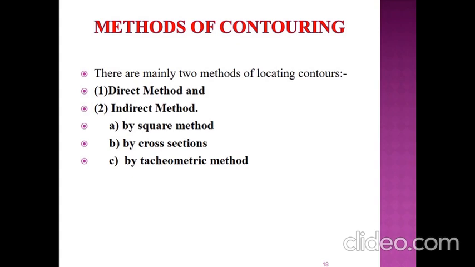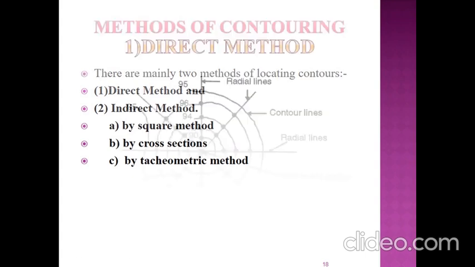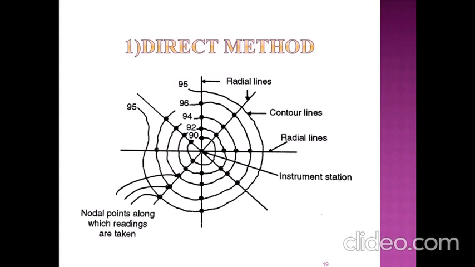So the first one is the direct method. See here, one survey map is shown. Here we have to place the instrument station. We can use a total station or a 20-second vernier transit theodolite. We place the instrument at the station here, and mark these radial lines at a definite interval.